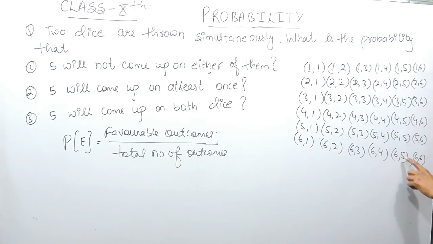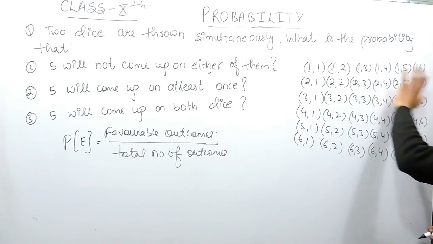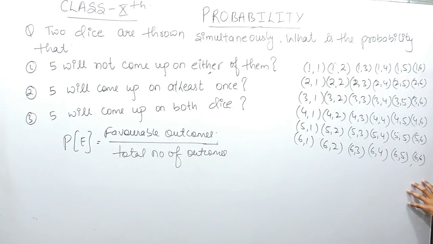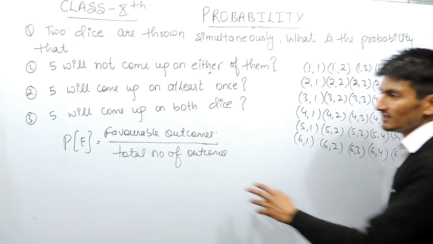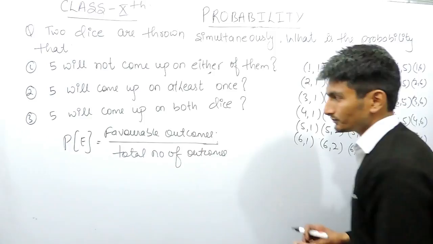We can't count the outcomes in the fifth set because there is already a 5 present in all of them. And then 21, 22, 23, 24 and 25. So there are 25 outcomes where 5 is not coming on either die. These 25 outcomes can be considered as favorable outcomes.